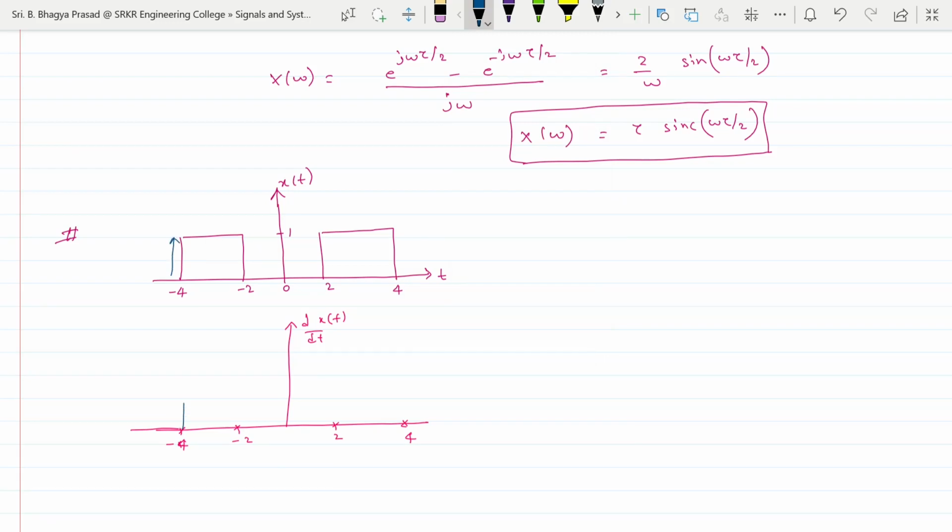So I indicate an impulse like this, strength 1, and the change is 0. The value is constant, the derivative of that constant is 0 in a mathematical way. So we go for 0 only. From minus 4 to minus 2, the value is constant. At minus 2, the value is decreasing from 1 to 0. So we represent the decrease of value as minus 1.